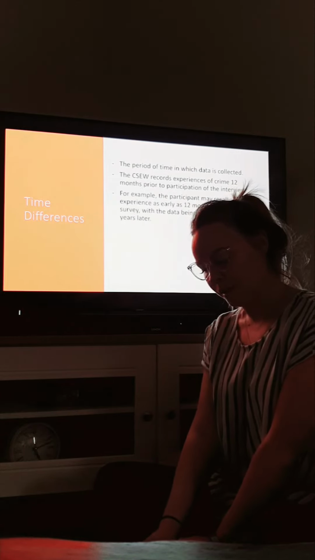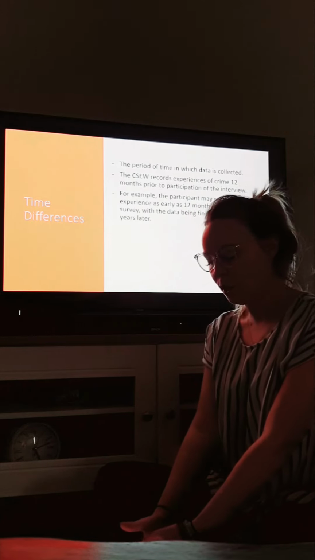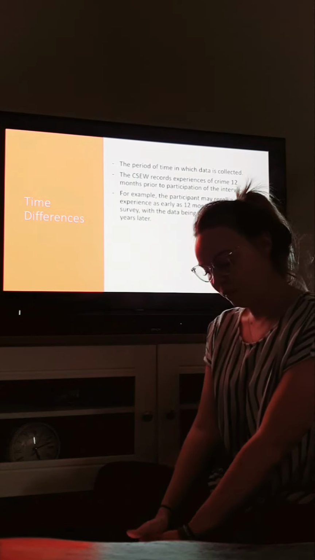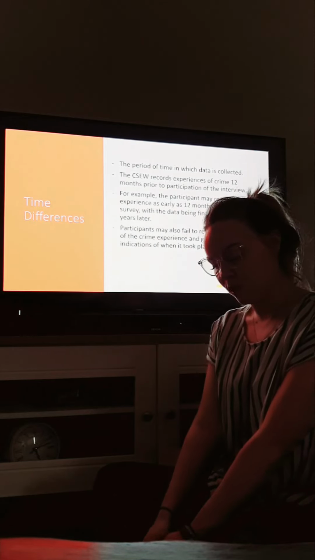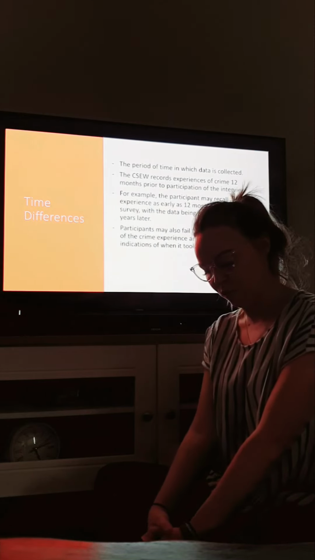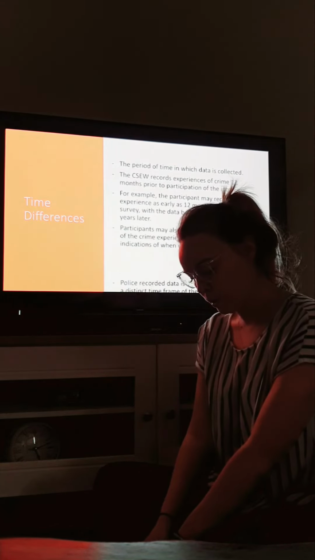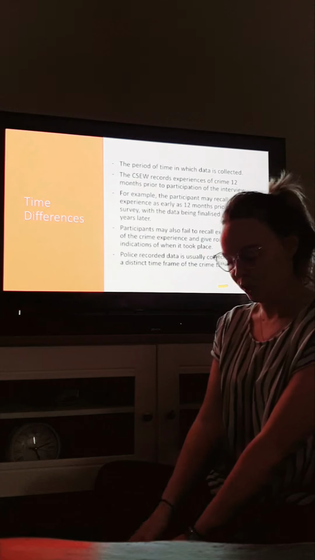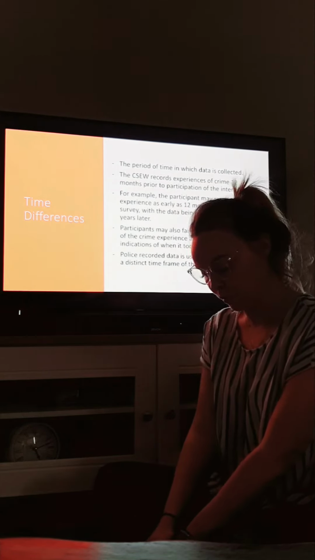For example, the participant may recall a crime experience as early as 12 months prior to the survey, with the data then being finalised up to 2 years later. Participants may also fail to recall exact dates of the crime experience and give rough indications of when it took place. Whereas police recorded data is usually collected within a distinct time frame of the crime taking place.